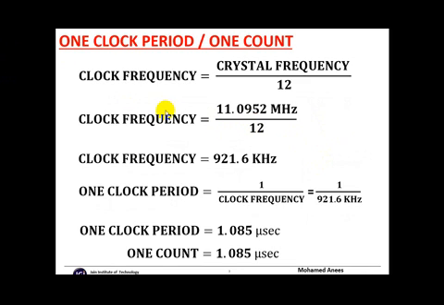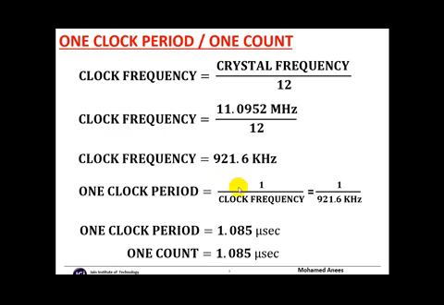Here the clock frequency will be equal to the crystal frequency by 12. Let us assume I have connected a crystal frequency of 11.0592 megahertz. This will be divided by 12 internally by the clock oscillator, so what you get is 921.6 kilohertz. This is the clock frequency. Remember the terminologies: crystal frequency and clock frequency are different.